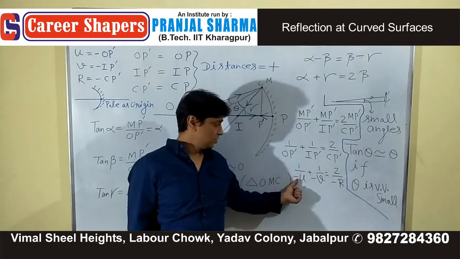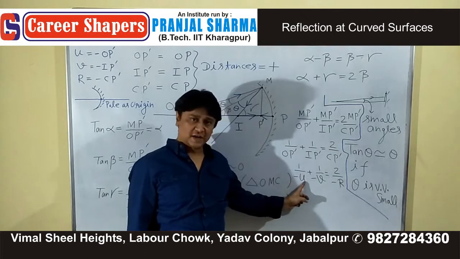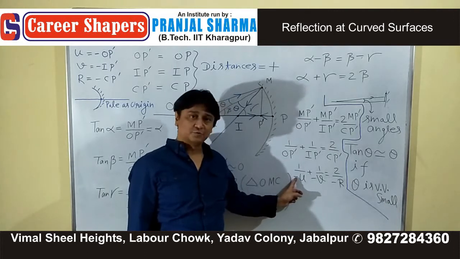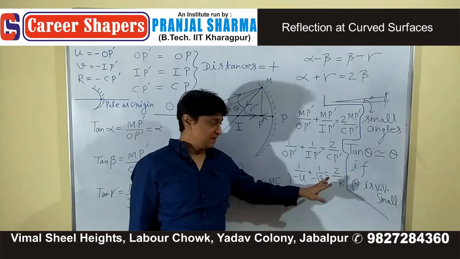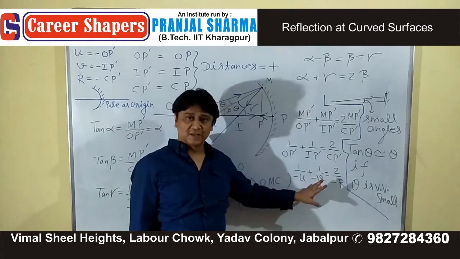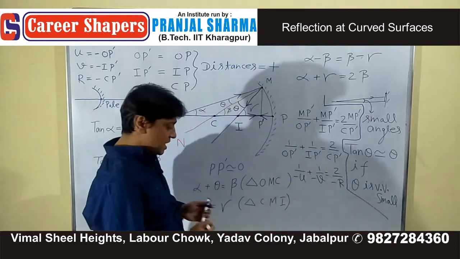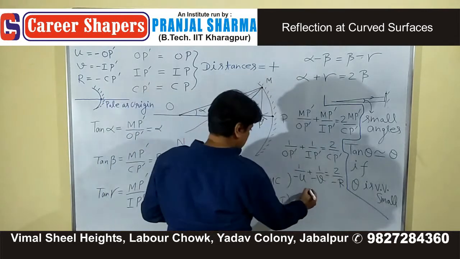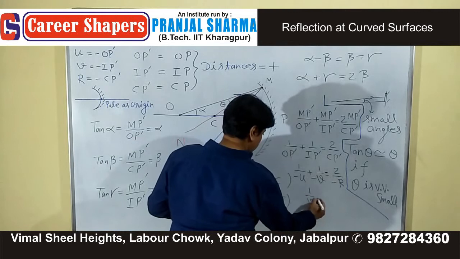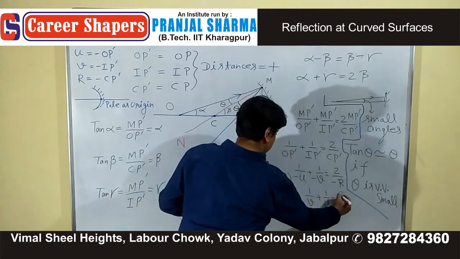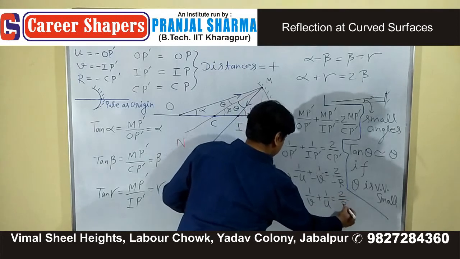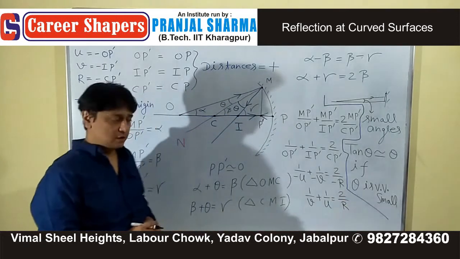No, they are not negative. Look here. U itself is negative. Negative of negative becomes what? Positive. Similarly, V and R, they themselves are what? Negative. Negative of negative, that makes them what? Positive. Which gives us 1 upon V plus 1 upon U equals to 2 upon R.